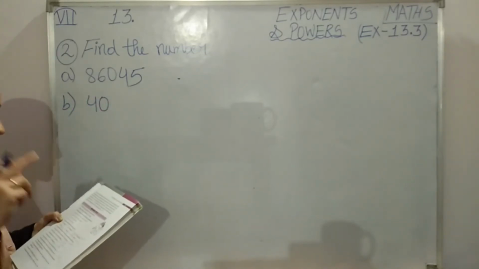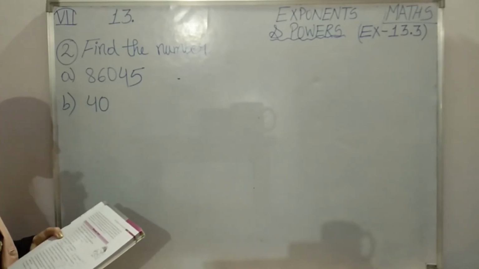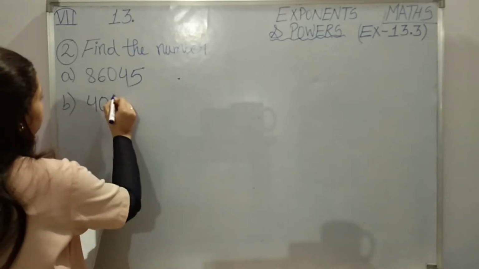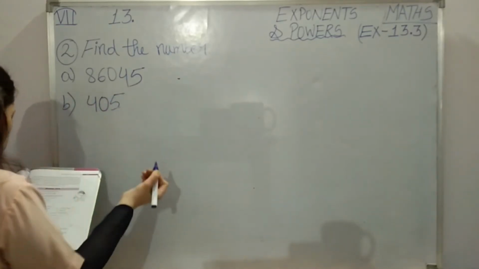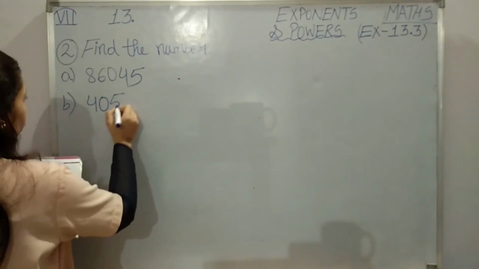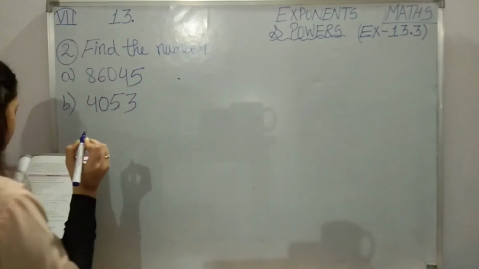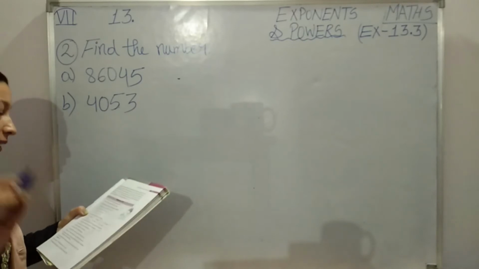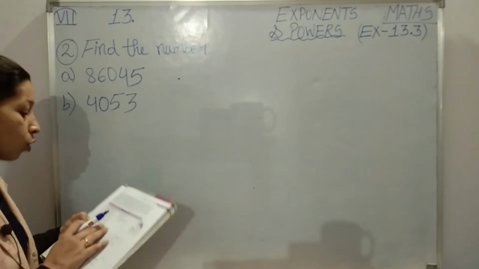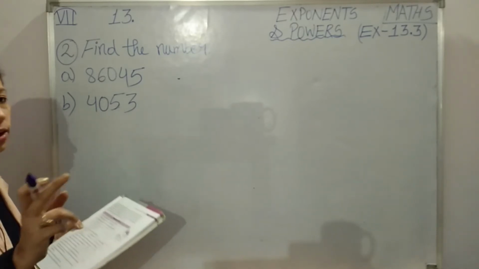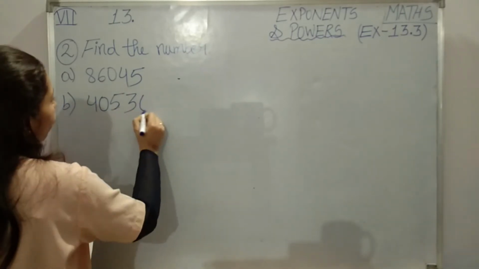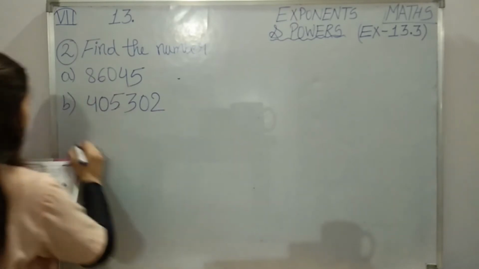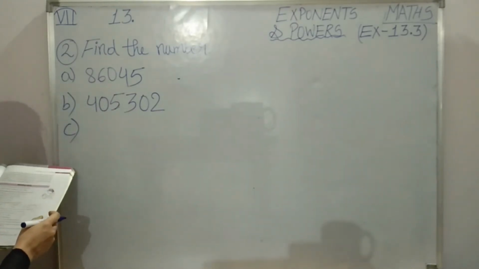That if some power is skipped, that means in that place 0 is there. After it, 5 into 10 raised to the power 3. Okay, now I want 10 raised to the power 2. That is also given. Okay, 3 into 10 raised to the power 2. After 10 raised to the power 2, I want 10 raised to the power 1. But see, in the question is it given? No, it is not given. Directly 2 into 10 raised to the power 0 is given. So first I will write 0 and then the last digit is 2. Clear, students?